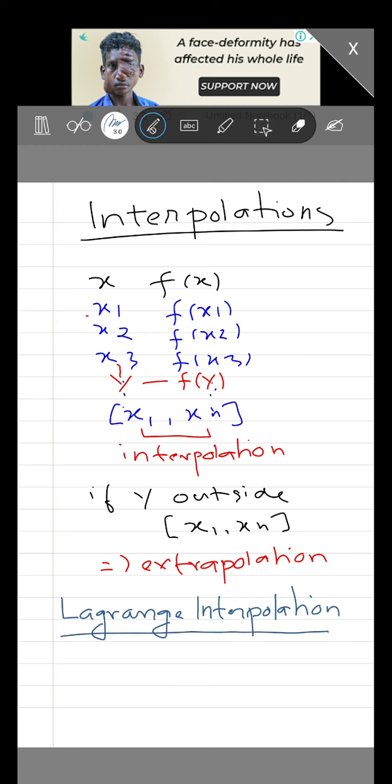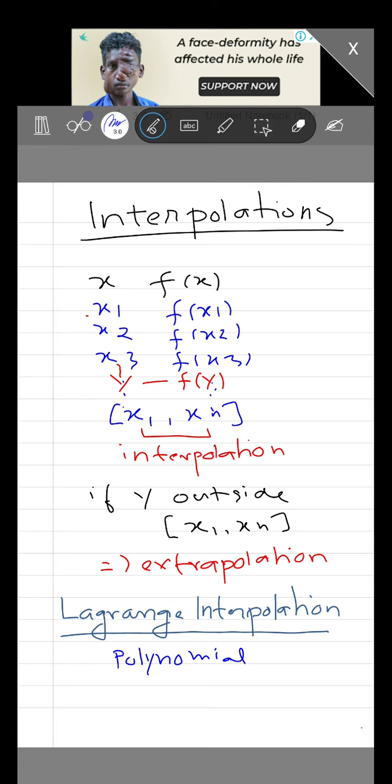Now, the universal technique for interpolation is to fit a polynomial through a set of points. This polynomial is an approximation of the function.